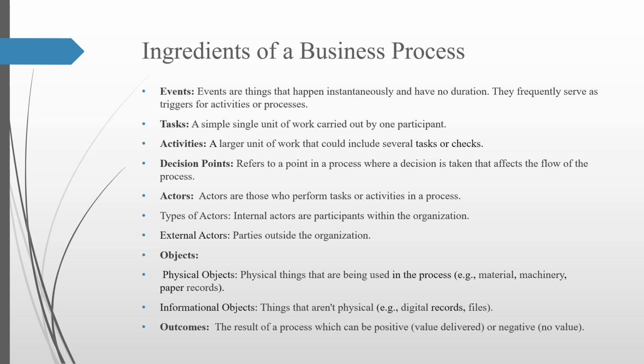Activities. A larger unit of work that could include several tasks or checks. Decision points. A point in a process where a decision is taken that affects the flow of the process.